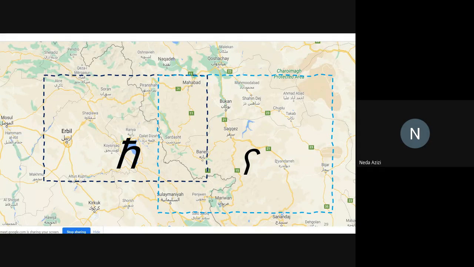Furthermore, in the northern areas of Mukri, where the northern Kurdish dialects start, like in the Shno and Urmia region, I think you are all at least aware of the Urmia region, if not Shno. Shno is basically Nagada, Shno, on top of the map.